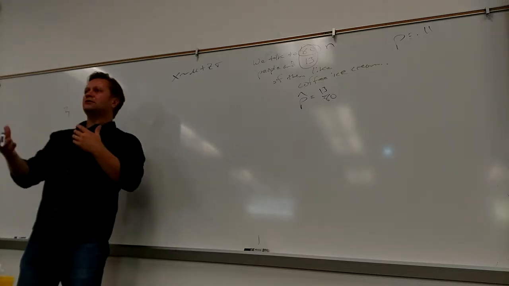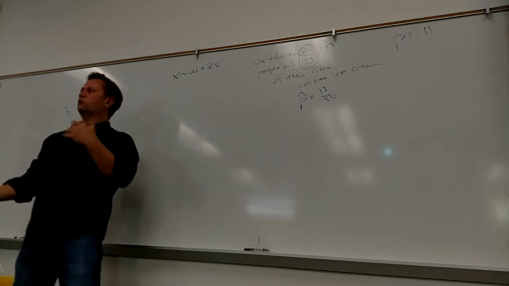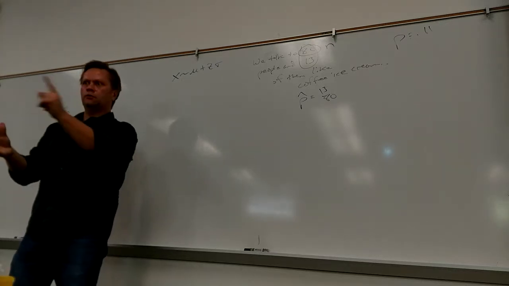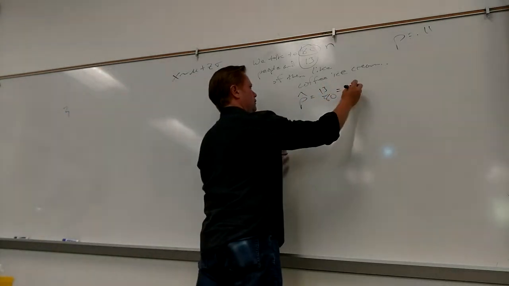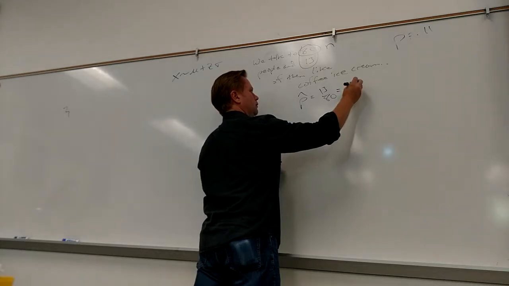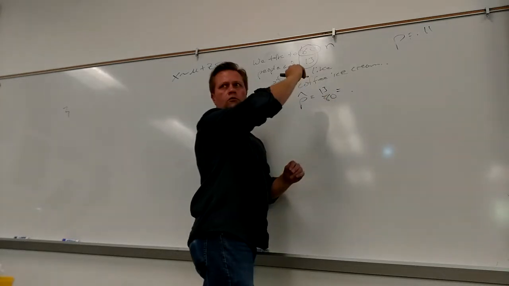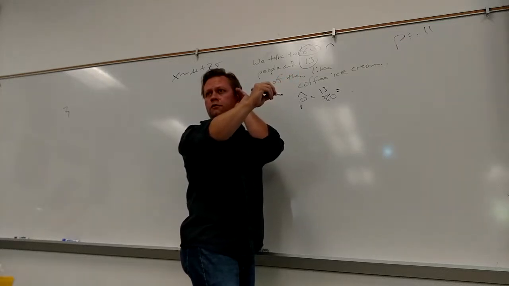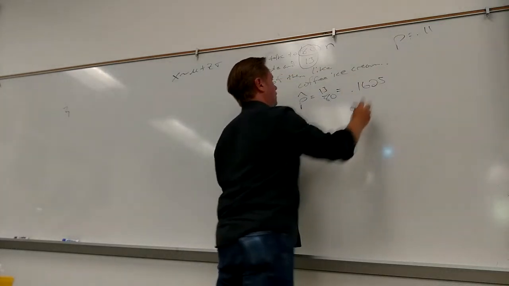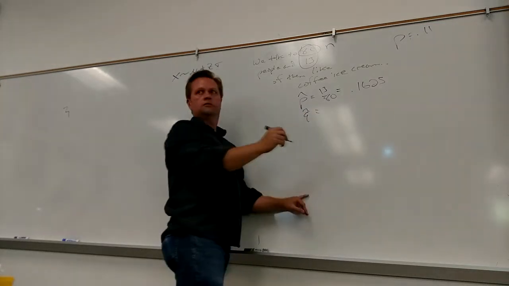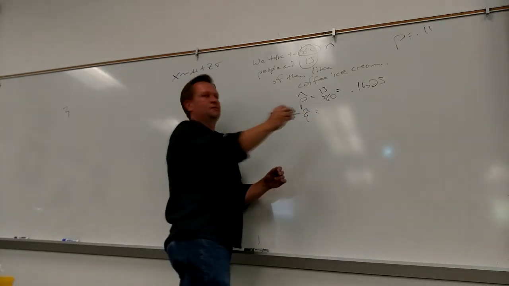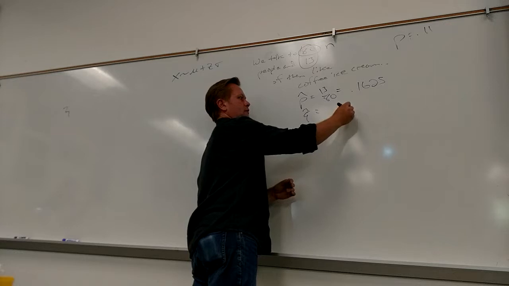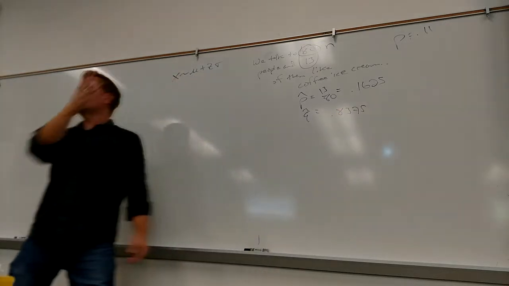Now, no matter what clothing your P and Q are wearing, they still have to add to be 1. So what did you guys say this P hat was? 0.1625. So what would Q hat be? 0.8375. 1 minus that, right?